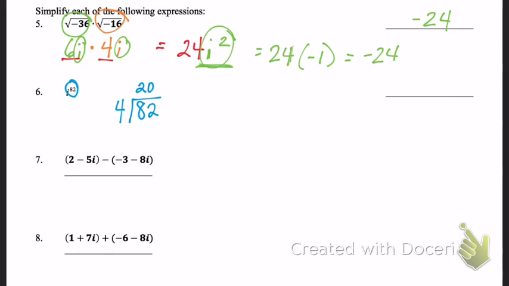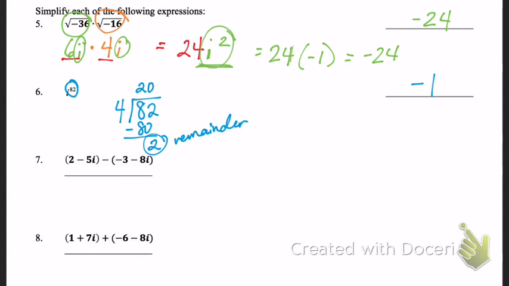When I take 20 times 4, I get 80, and I'm left with a remainder of 2. Since 2 is my remainder, it's going to match the same answer as i squared. And so my answer would be negative 1.